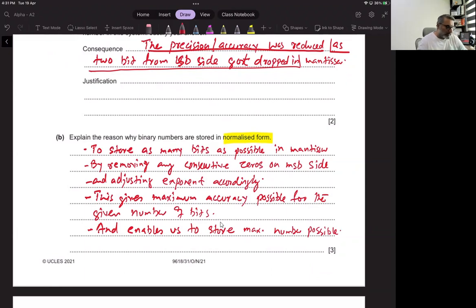All right. So explain the reason why binary numbers are stored in normalized form: to store as many bits as possible in mantissa by removing any consecutive zeros on most significant bit side and adjusting exponent accordingly. This gives maximum accuracy possible for the given number of bits and enables us to store maximum number possible.